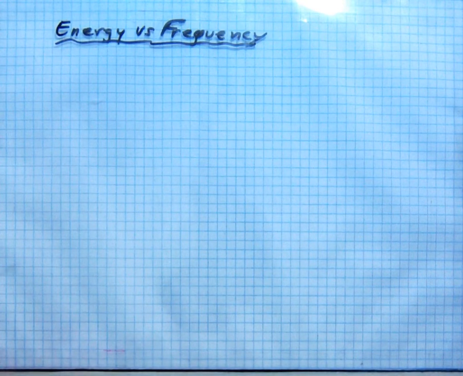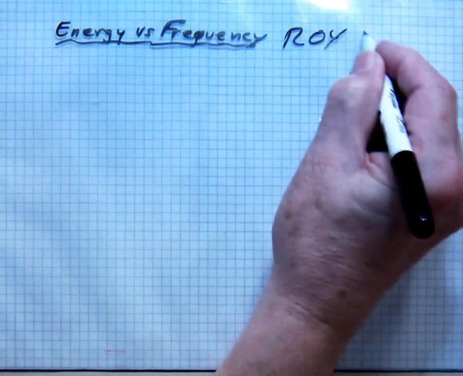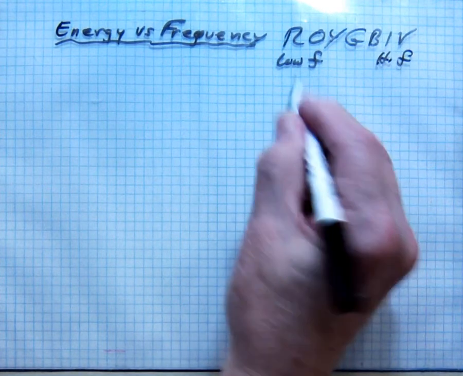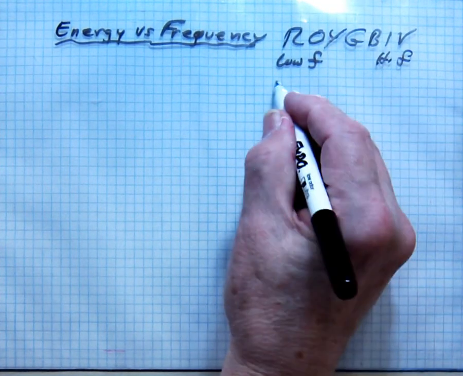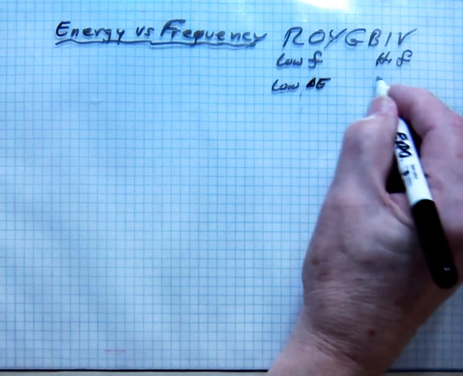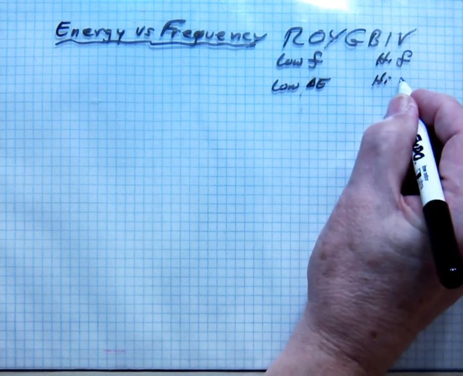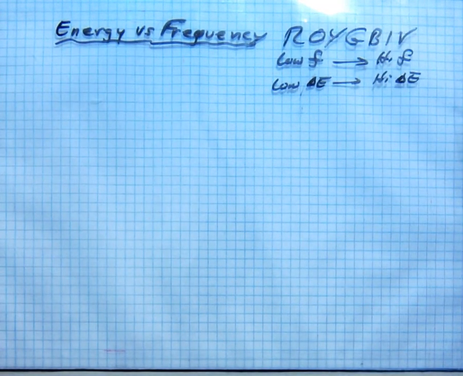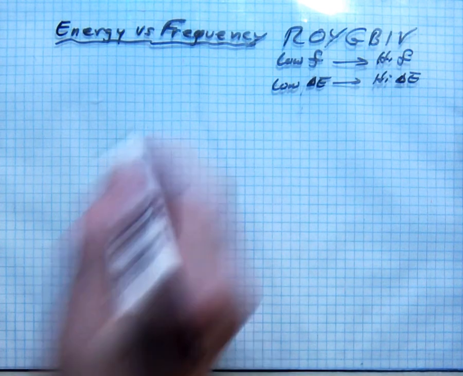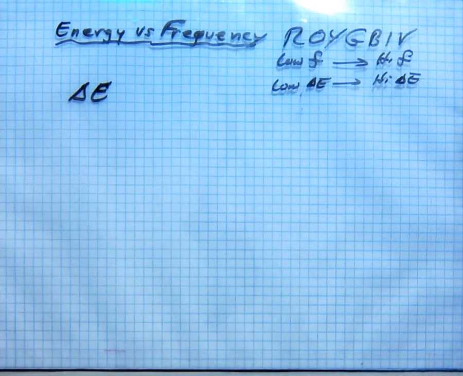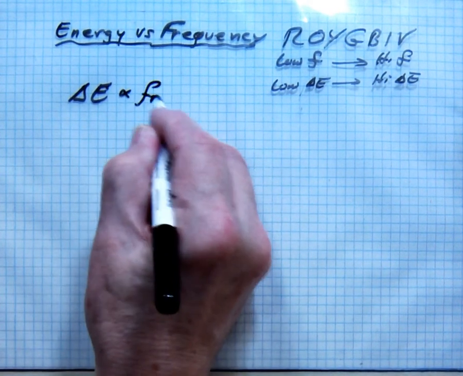Earlier in the ROYGBIV, we have low frequency, high frequency as we go across, and then we've got low energy and also high energy. So from the R to the V, we have a direct relationship in this particular issue. So the change in energy is directly proportional to frequency.